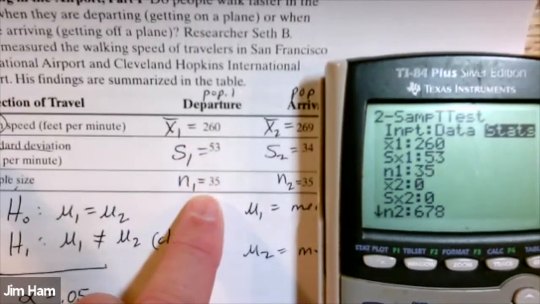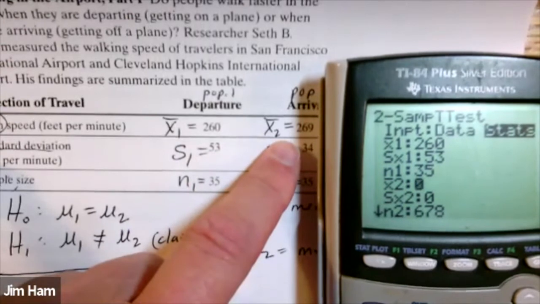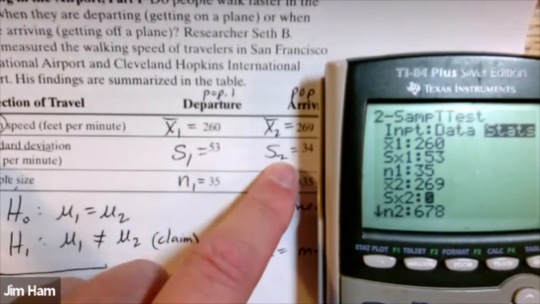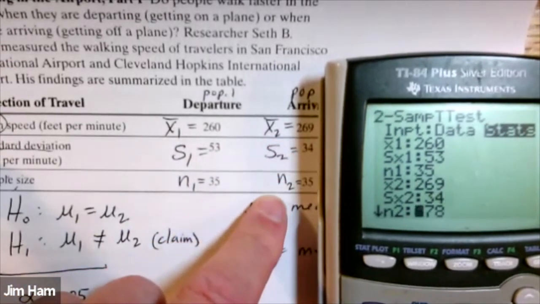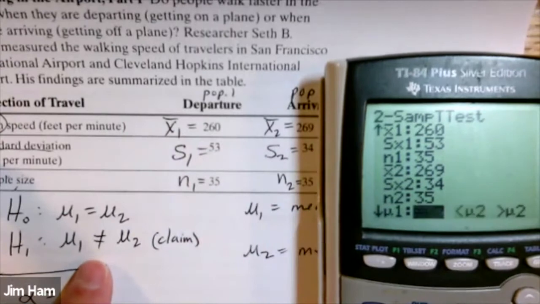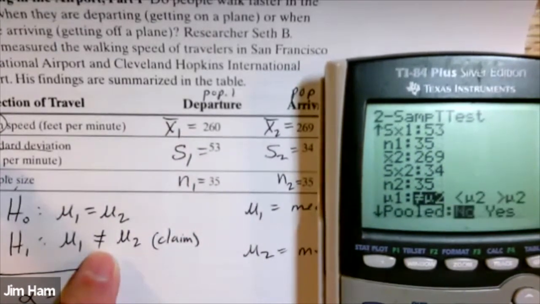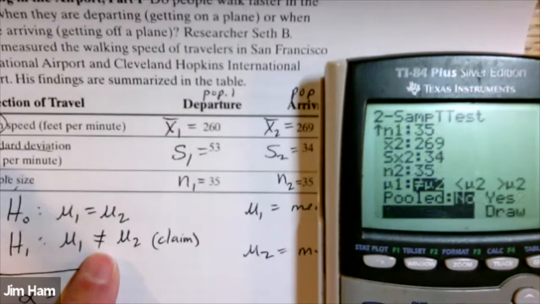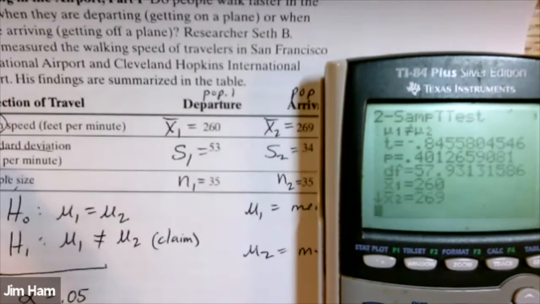Sample size is larger than 30. 269, 34, and 35. I have to select the not equal to as the sign. And then here's that pooled option, no business. So just make sure that this is always selected no. And then we're going to calculate, and this is going to give us, as it always does, the test statistic and the p-value.